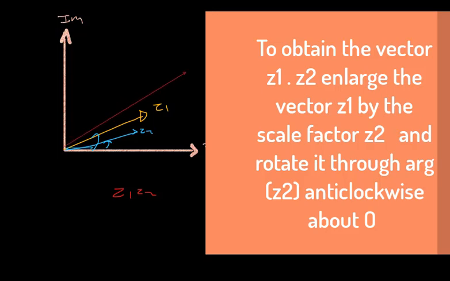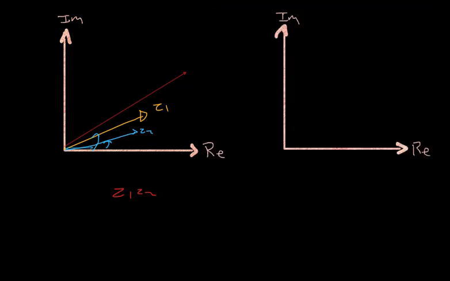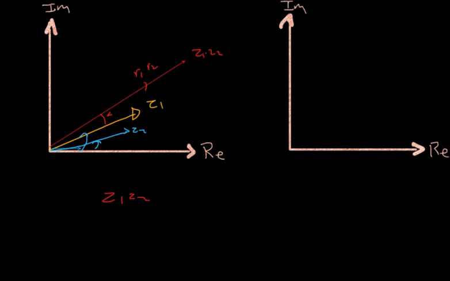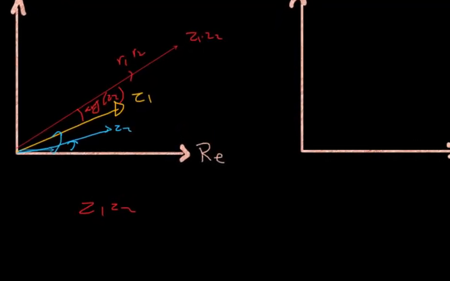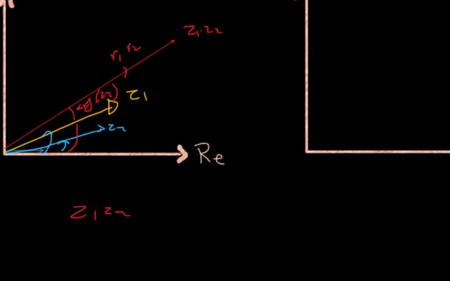Now there is rotation, so I rotate z1 by the argument of z2, about the origin, anti-clockwise. So this will be our result. Finally, this is the argument of z2, and then we still have this.